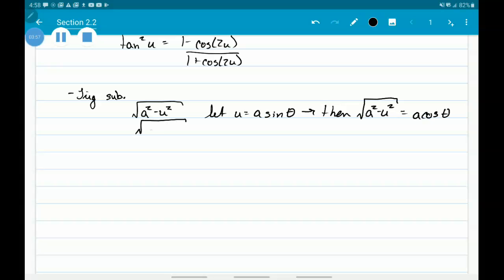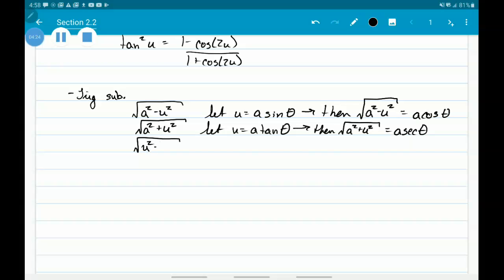We had things in the form of a squared plus u squared. That's where we would let u equal a tangent theta. Then the square root of a squared plus u squared was equal to a secant theta. And then we had the square root of u squared minus a squared, and we solved things in that form by letting u equal a secant theta.